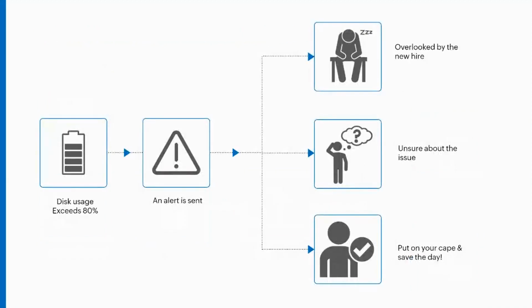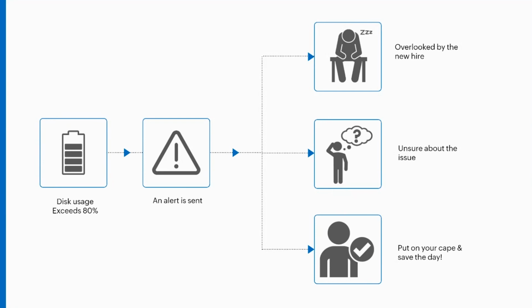Why is this particular automated action needed? Let's take an example. Your application is sending huge logs, and when the disk usage goes above 80 percent and you get an alert, during that time you have a newly hired team member who doesn't know what to do at the time of the alert.